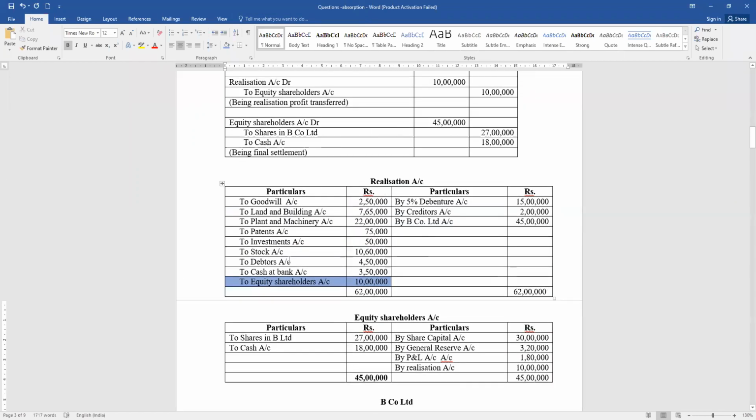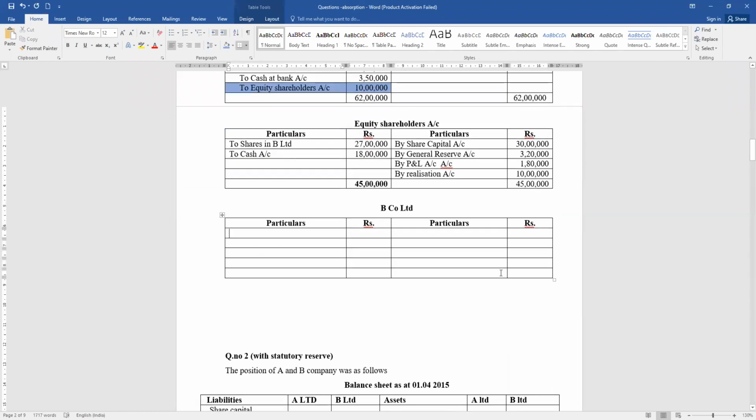Wherever B Company Limited appears, you can transfer, that's enough. See, this is B Company Limited. They have to pay 45 lakhs, to realization account. And on this side, what they are going to pay? They are going to pay by shares in B Company Limited worth 27 lakhs.